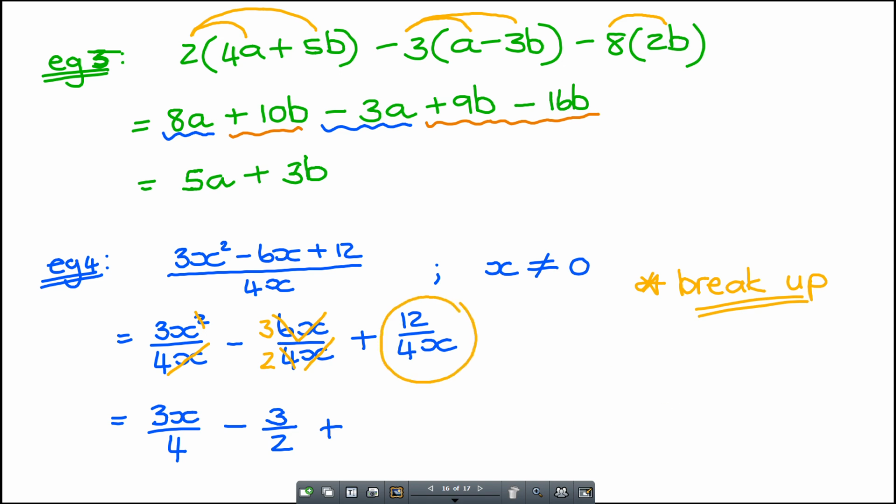Over here, how many terms at the top? 1. How many terms at the bottom? 1. So can I cancel out? Yeah. Okay, so that x can't cancel out with anything. If you want, use your calculator. Simplify that one for me. What would it be? 3 over x. It's just 3, no? Okay, but remember, it's actually because 4 will go in once and 4 will go in 3 times.